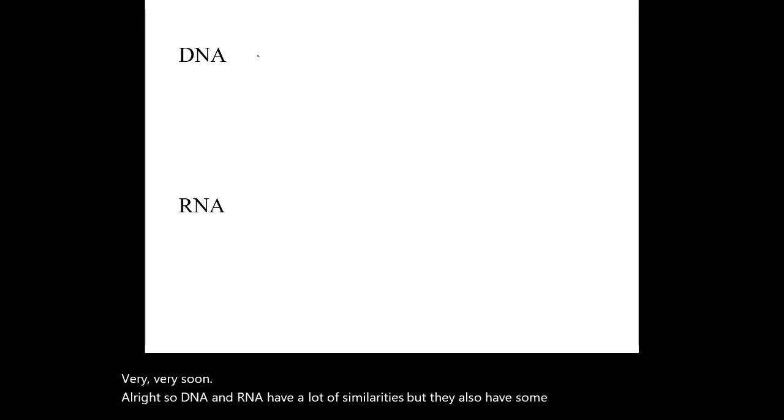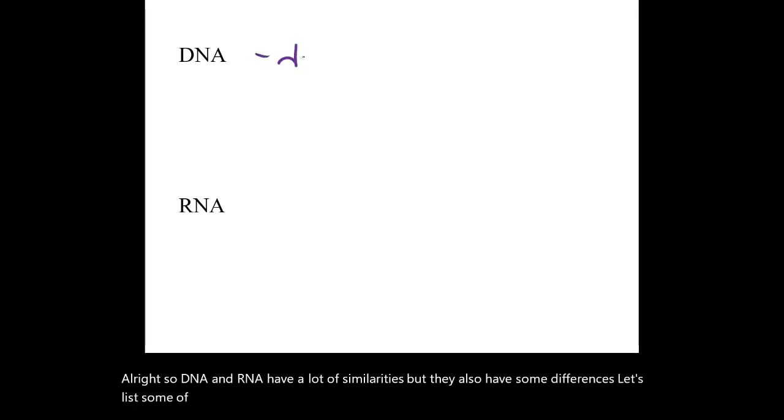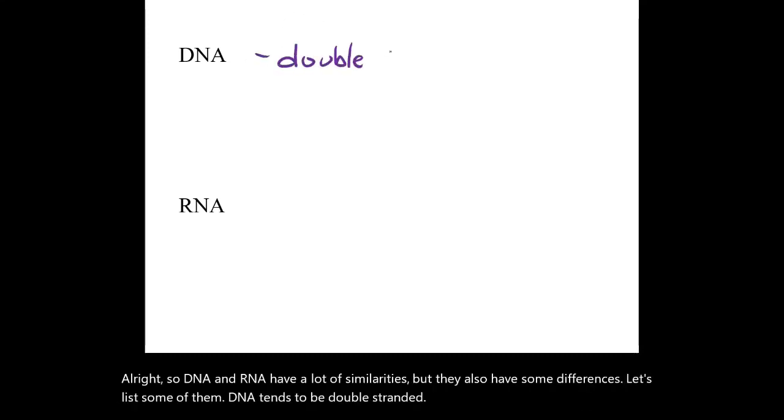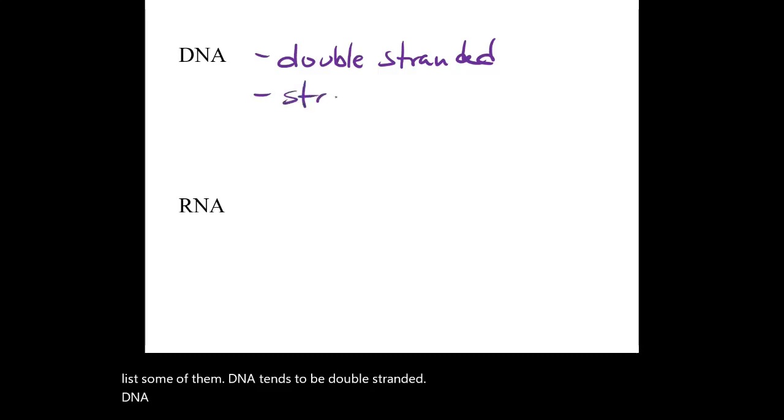All right, so DNA and RNA have a lot of similarities, but they also have some differences. Let's list some of them. DNA tends to be double-stranded. DNA tends to stay in the nucleus. DNA has the following nitrogenous bases.